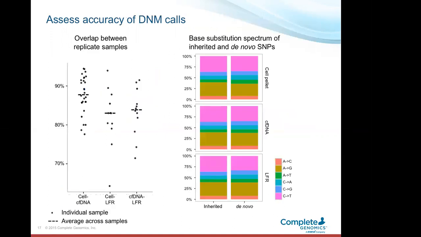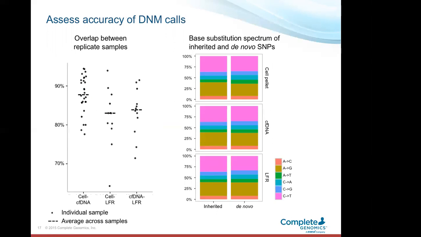To get an estimate of the accuracy of our de novo mutation calls, we compared these calls between replicate samples. From the plot on the left, we can see on average over 80% of these de novo mutation calls are shared between replicates, showing the reproducibility of our genome data.